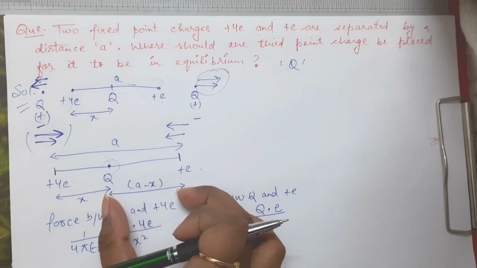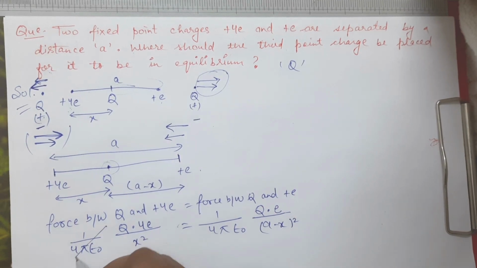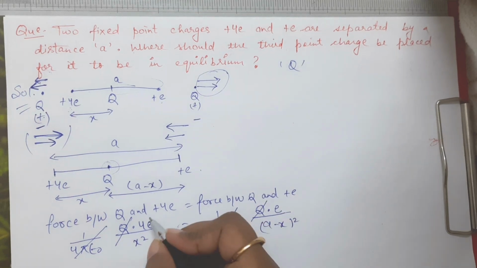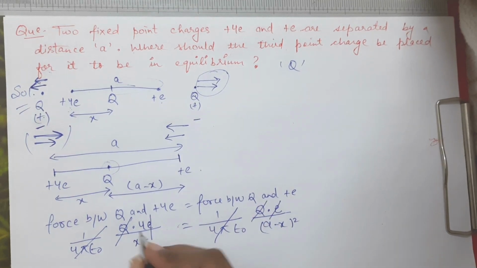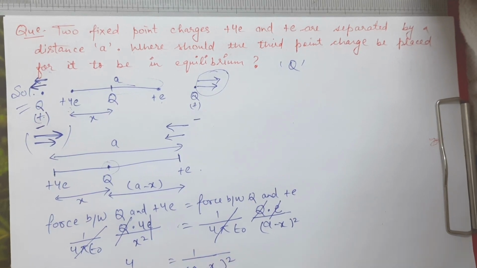The distance between them is a minus x, squared. So cancelling 1 by 4 pi epsilon naught, Q, and e, what we are left with is 4 by x squared equals 1 upon a minus x whole squared. Now taking square root on both sides, what will happen?